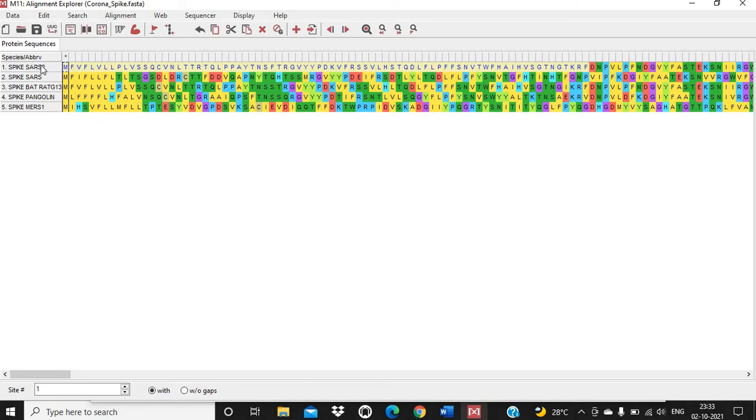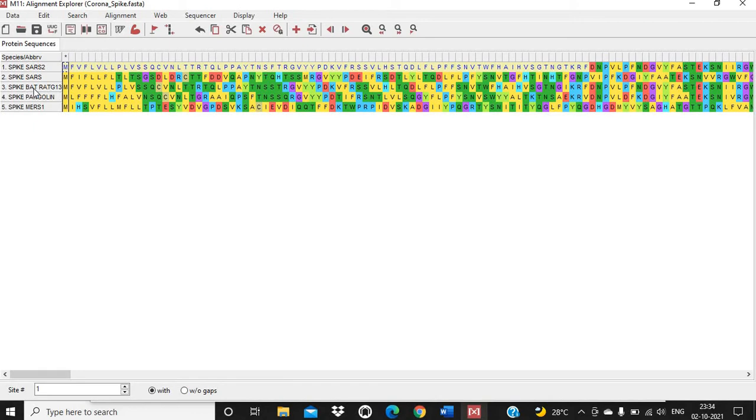So the top sequence is the spike protein from SARS-CoV-2, and we all know that for the ongoing pandemic, this SARS-CoV-2 is responsible. The second sequence is spike protein from SARS, the first version. The third sequence is spike bat RaTG13.